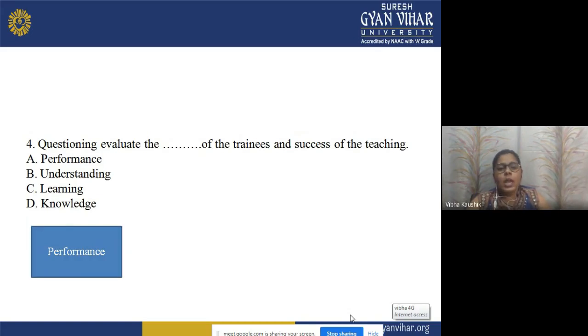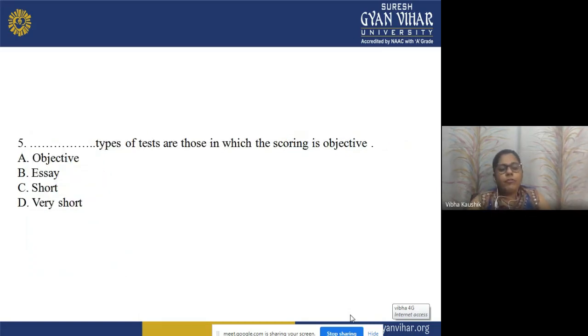Means option A, questioning evaluates the performance of the trainee. Now the fifth one: dash type of tests are those in which the scoring is objective. Which type of tests are those in which the scoring is objective? A, objective; B, essay; C, short type; or D, very short type.